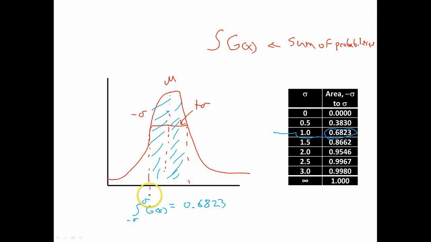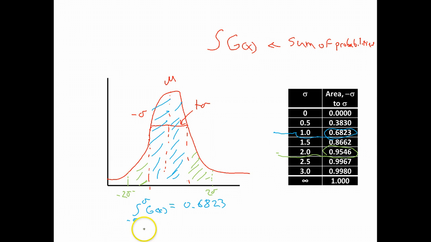If we go out even further here to 2 sigma, I'll do green for this one, let's say. So let's say this is 2 sigma here, so you've got negative 2 sigma, and then positive 2 sigma. All right, and then you integrate that area as well. That integration of that area here is 0.95.